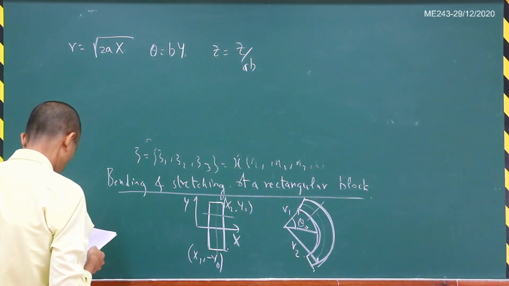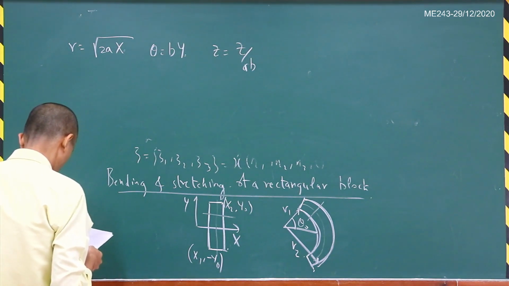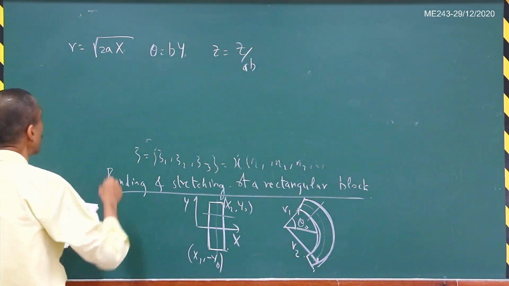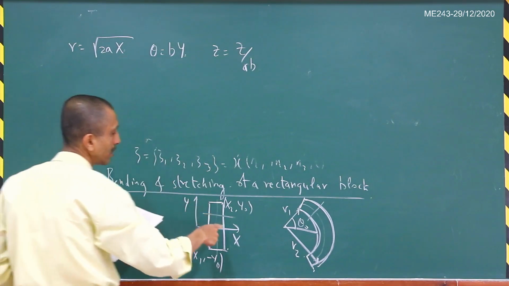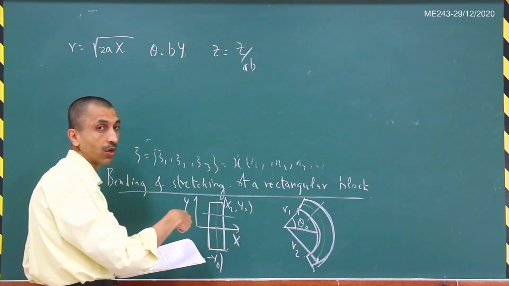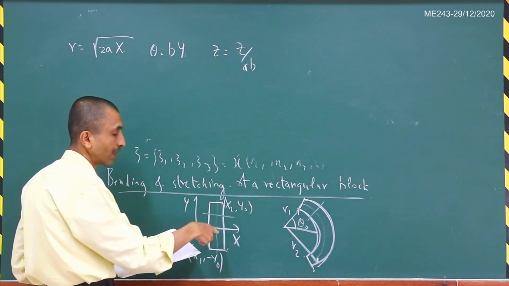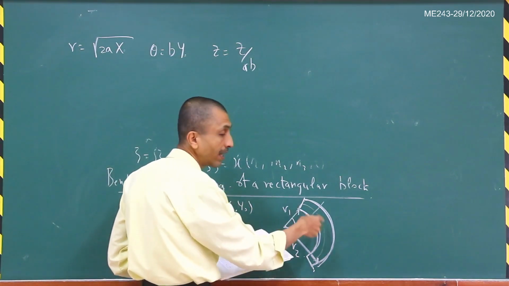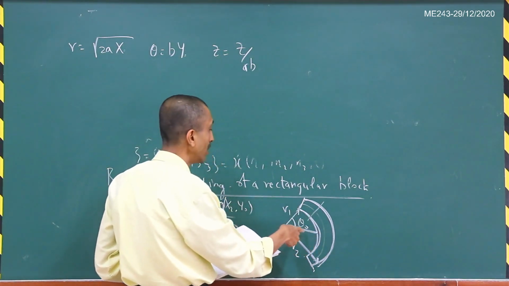Let us now look at the scale factors for this one. We are using a Cartesian coordinate system for the reference configuration and a cylindrical coordinate system for the deformed configuration.